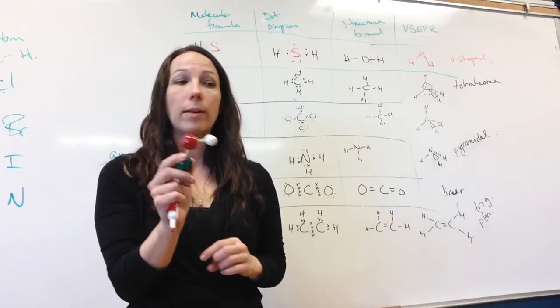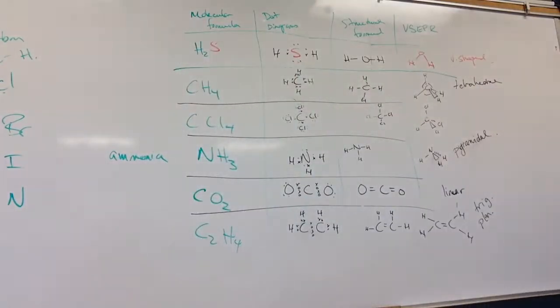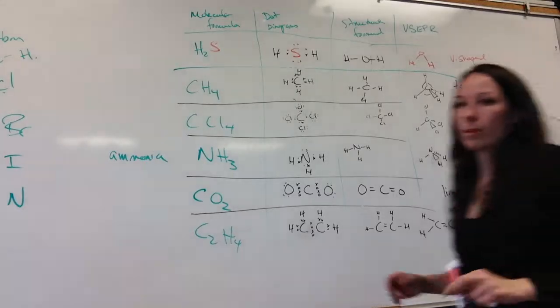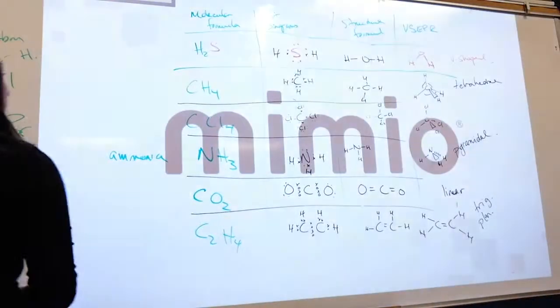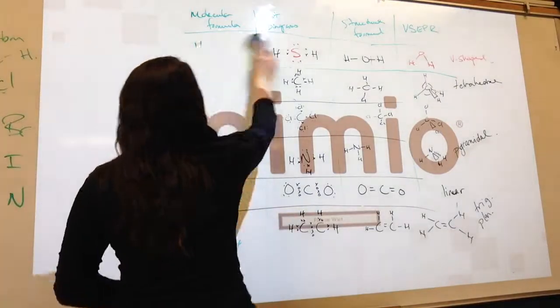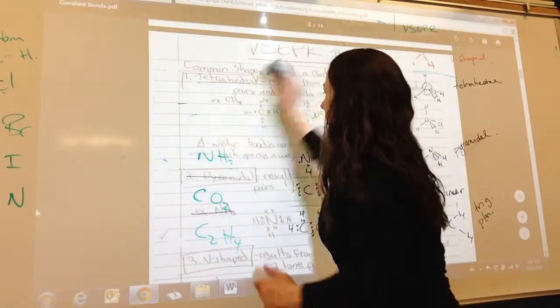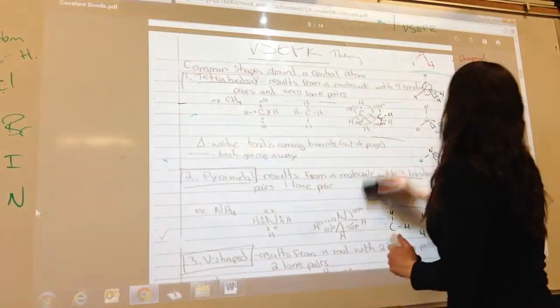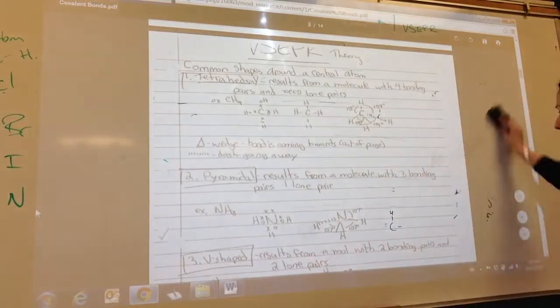Okay? All right, so in your note package, I'll just call this back up onto the board. In your note package, you see, this isn't even my chicken scratch, this is an old student's chicken scratch.